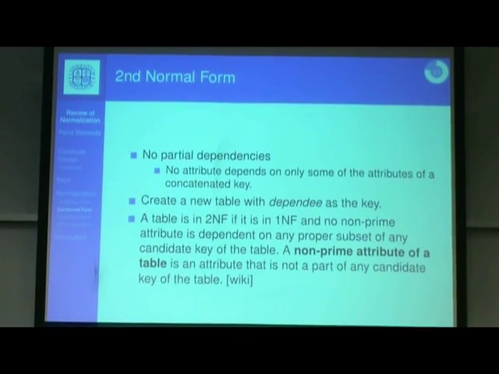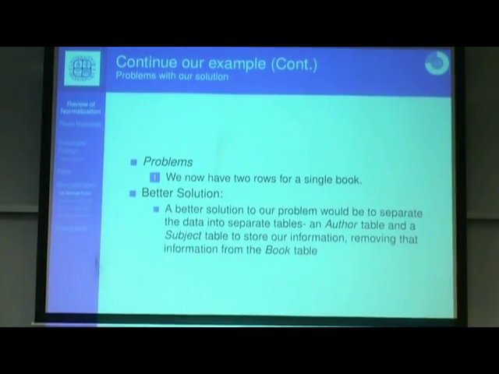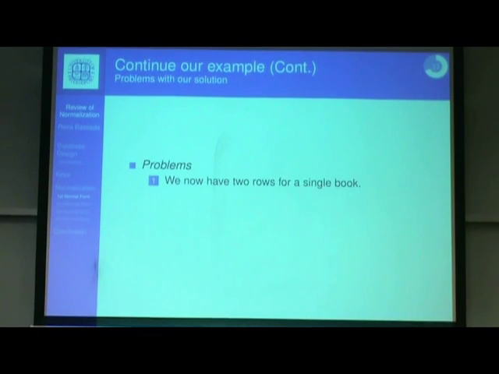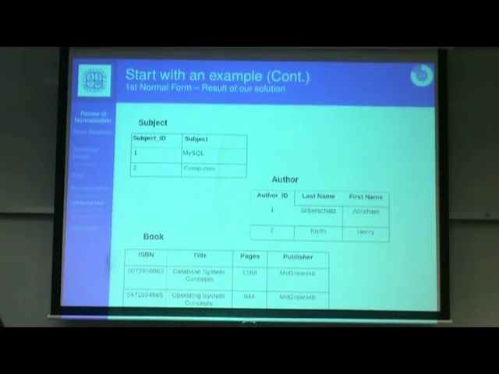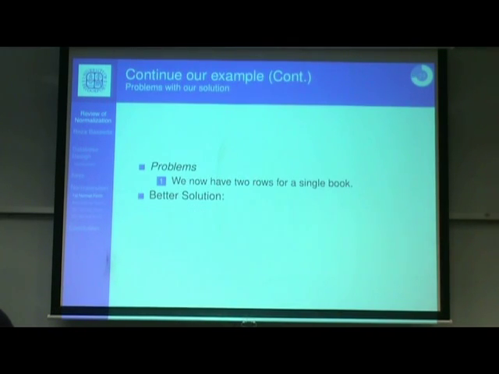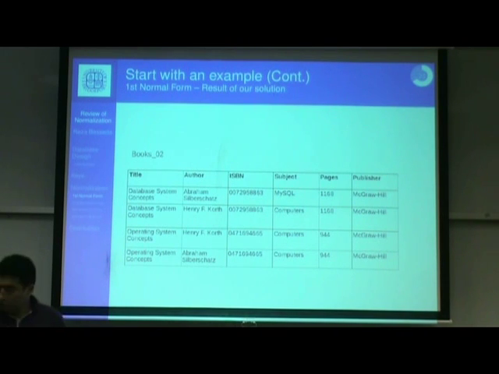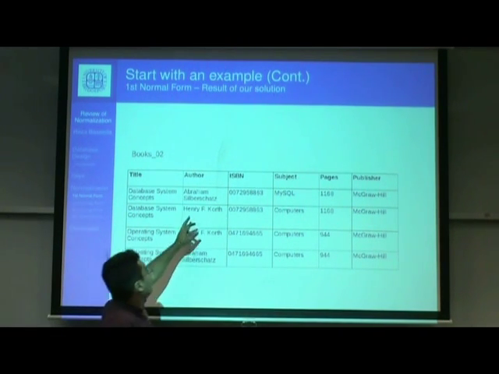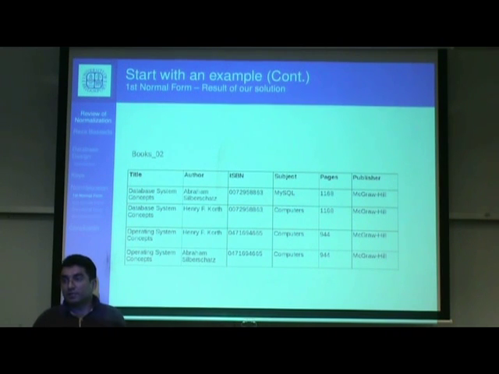So, in order to make the previous example second normal form, we are breaking it into 3 different tables. Why? Because we have this attribute that is called author, okay?